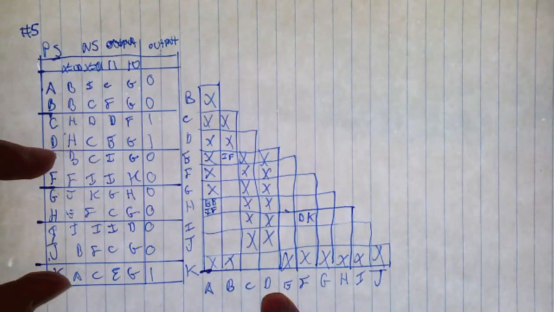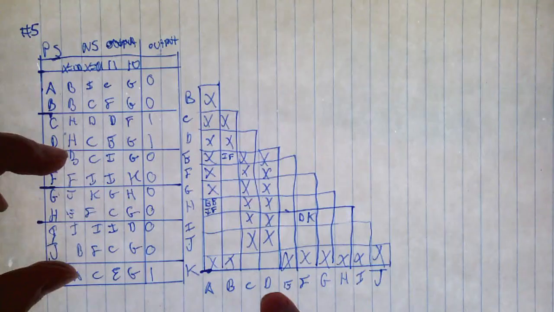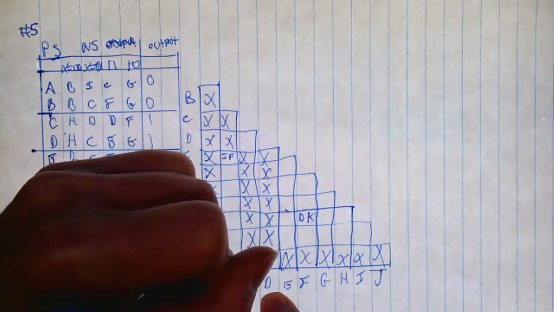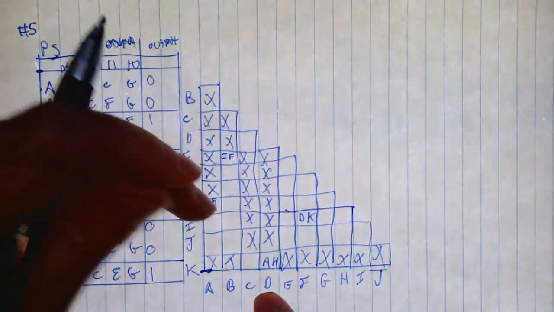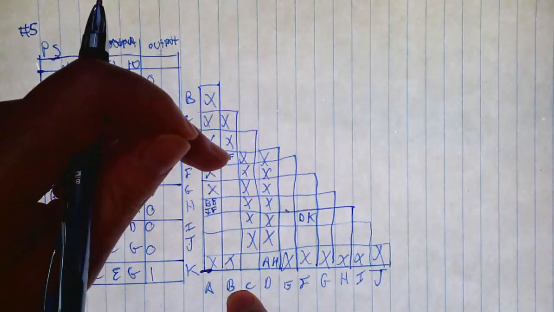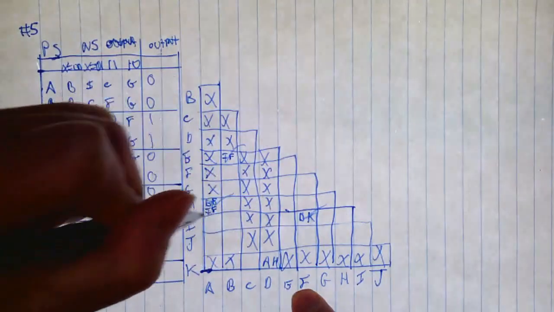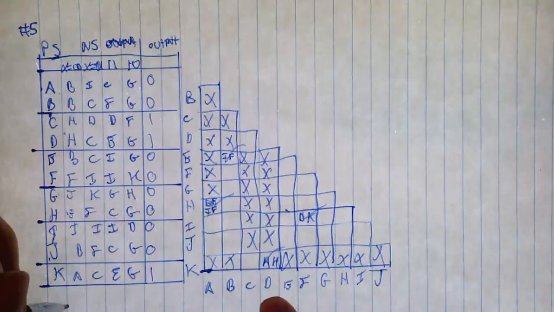D equals K if A equals H, so that's circular, right? And if C equals C and E equals E, so this is A equals H. So A equals H if I equals F, and I equals F if D equals K, and D equals K if A equals H. So it looks like if I can get B to equal E with I equal to F, then that's equal, and that's equal, and D equals K, that's equal. So now what do we got?